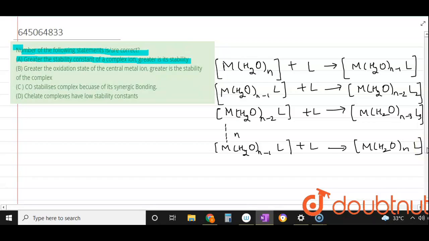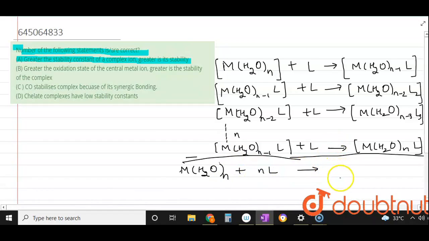Now, we have to discuss the stability of the complex and the stability constant. So let's start. If we have n steps and we sum up all the steps here, we will get this thing. Right?